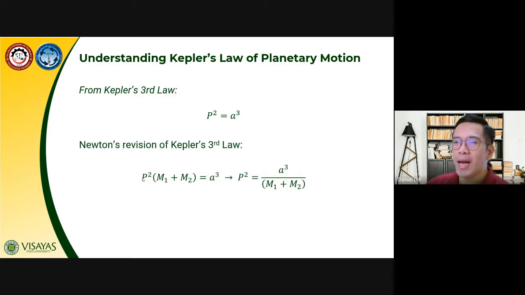So Newton applied here his gravitational law, and inserted this factor m sub 1 plus m sub 2. So we can see the difference between the two equations.